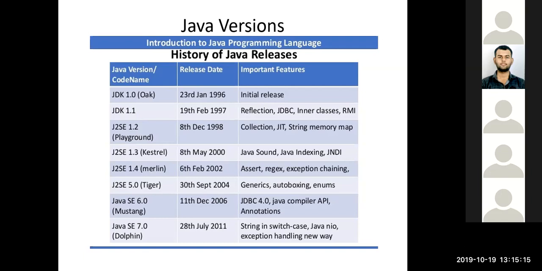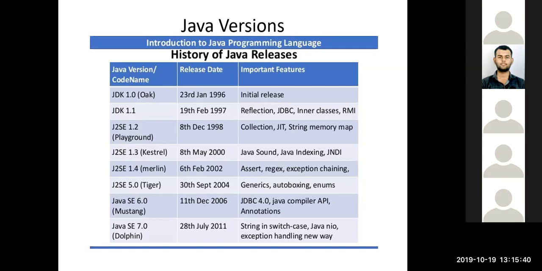Then 1.3, Kestrel, was again an important version, but it came with only one important feature, JNDI, the Java Naming and Directory Interface.